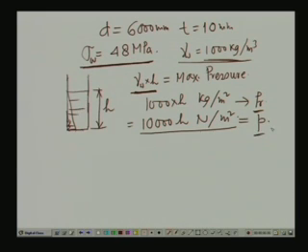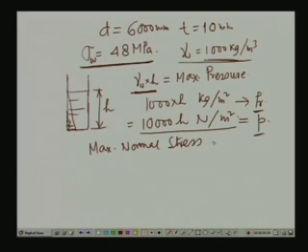Now, if we calculate the stress, this particular vessel is a cylindrical type.